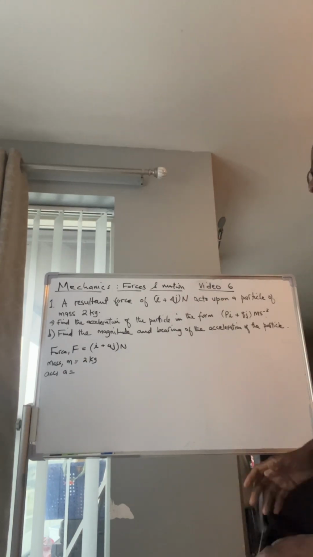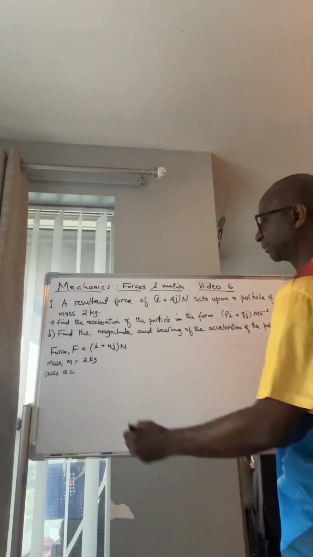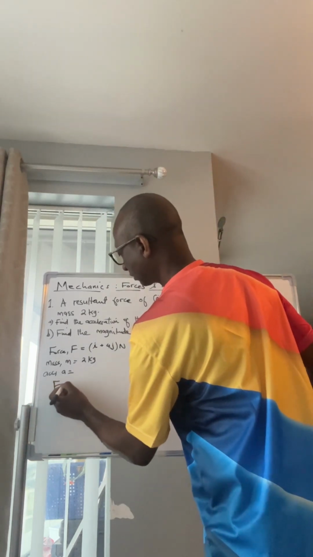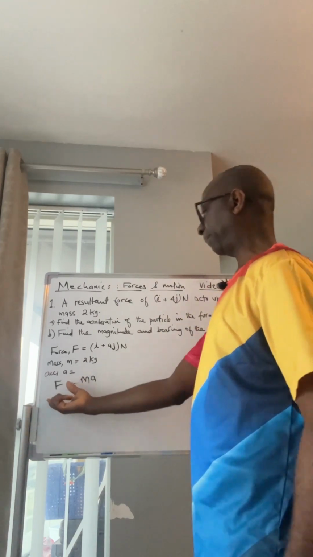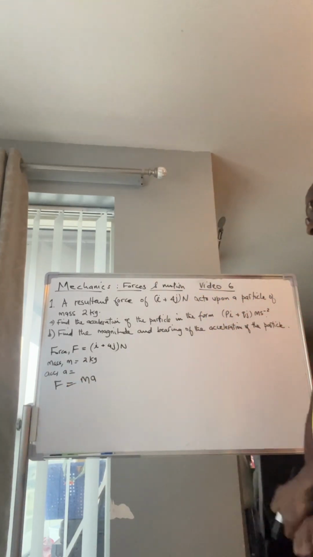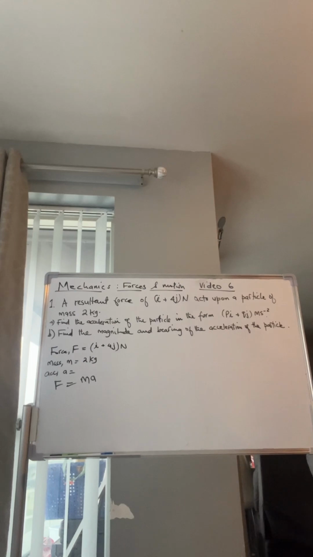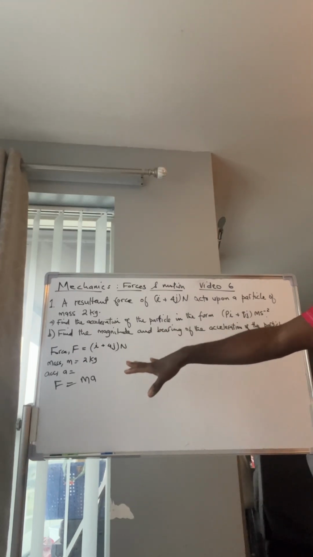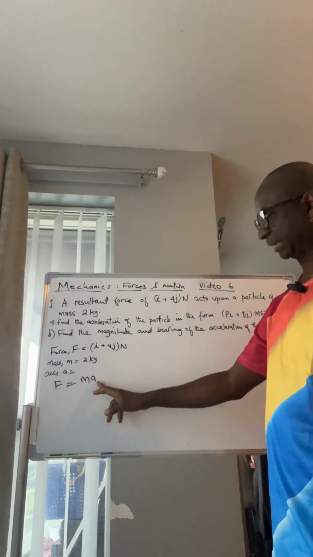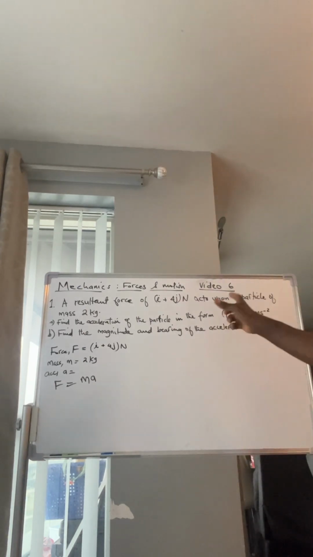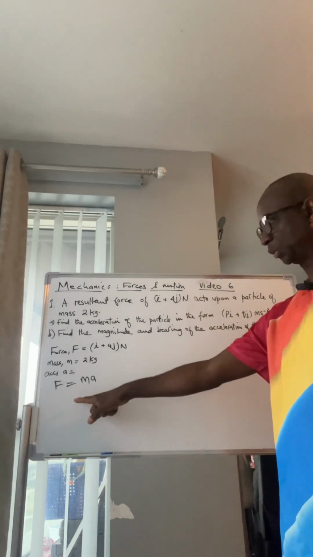So use Newton's second law of motion, which says the force is equal to the mass times the acceleration applied by this force on the particle. So you have force equals mass times A. Since the acceleration is constant in these problems, you use Newton's second law.